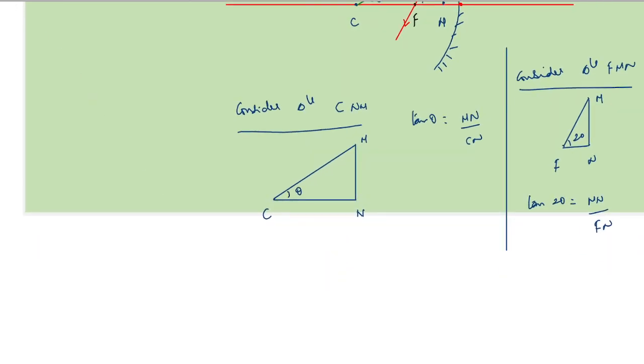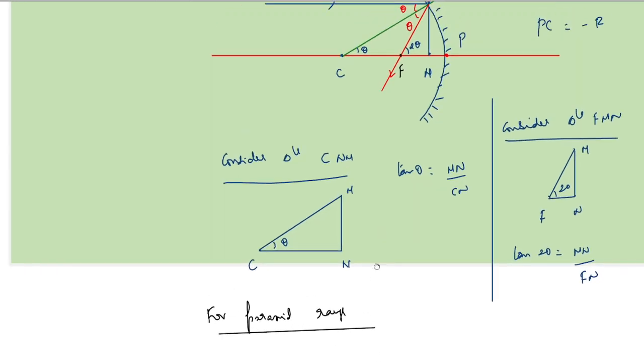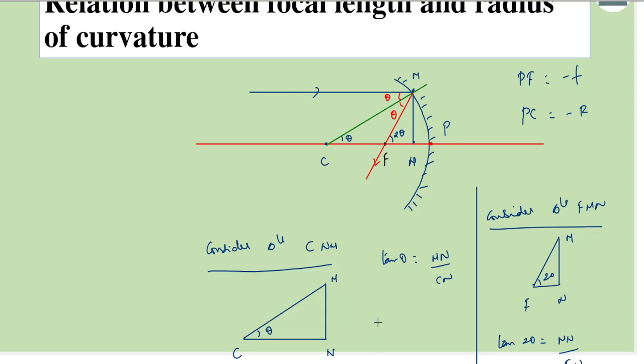Now, if we consider paraxial rays, it means that the angle made would be very small. Instead of this, consider a light ray falling parallel, close to the principal axis.